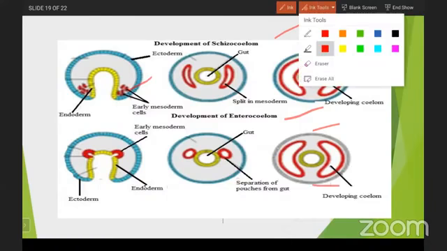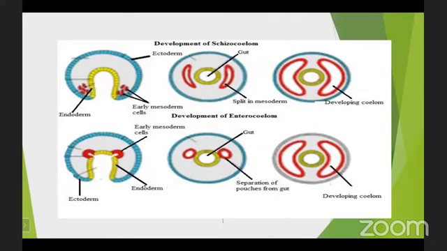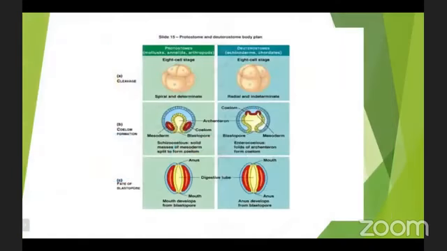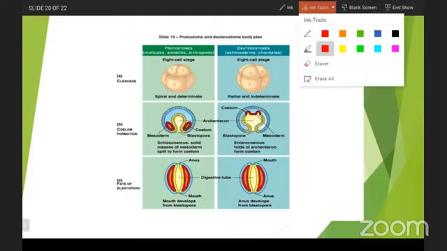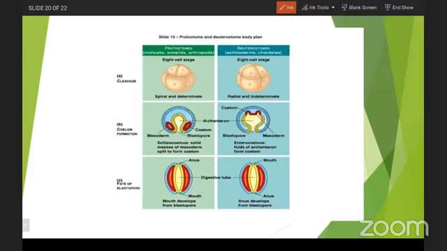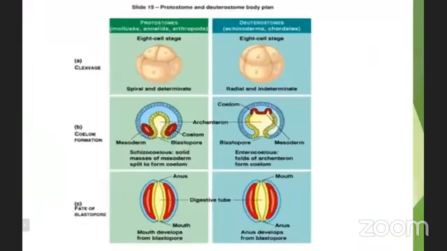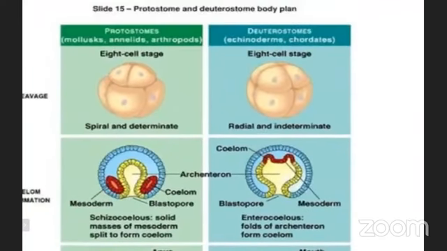Now go for the next one. In this picture also you can see spiral and radial cleavage and determinate and indeterminate cleavage in detail.